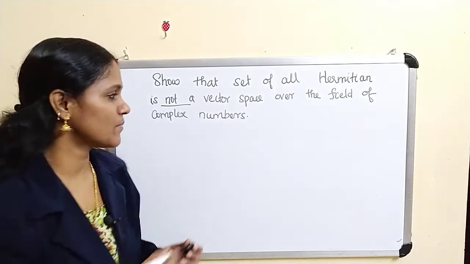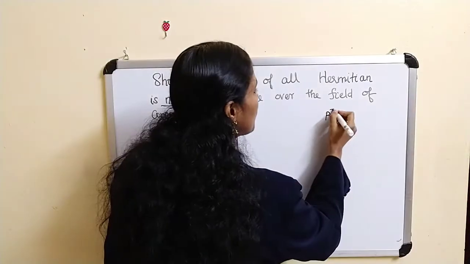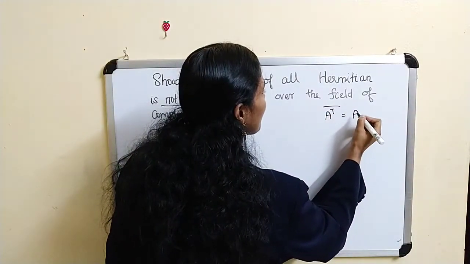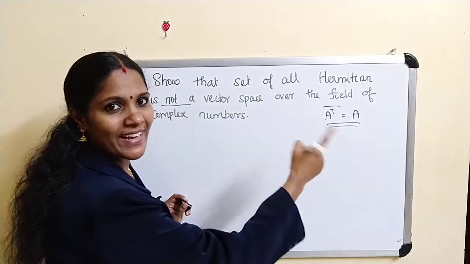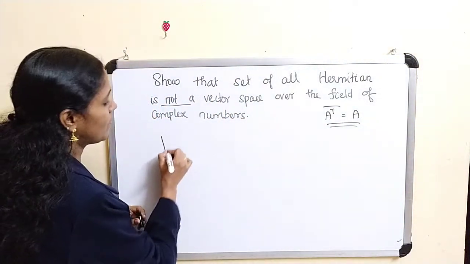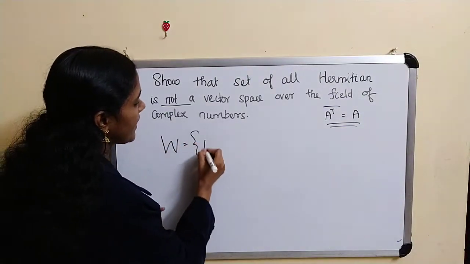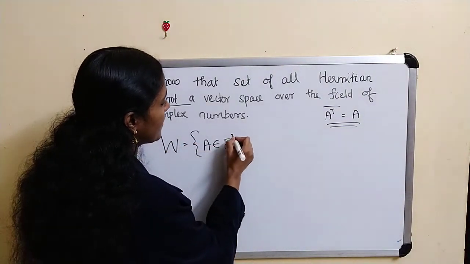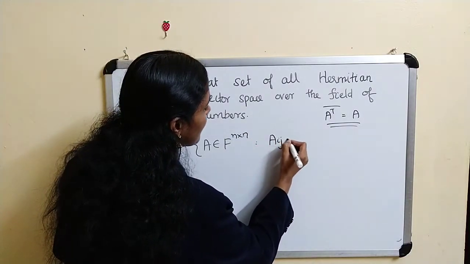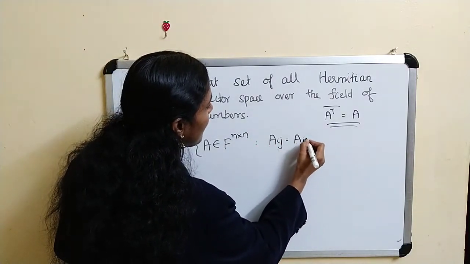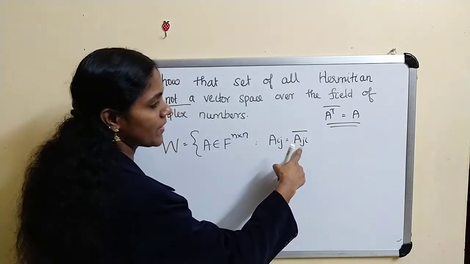A Hermitian matrix means A transpose conjugate equals A. So here W is the set of all A belongs to F^(n×n) such that Aij equals Aji conjugate.